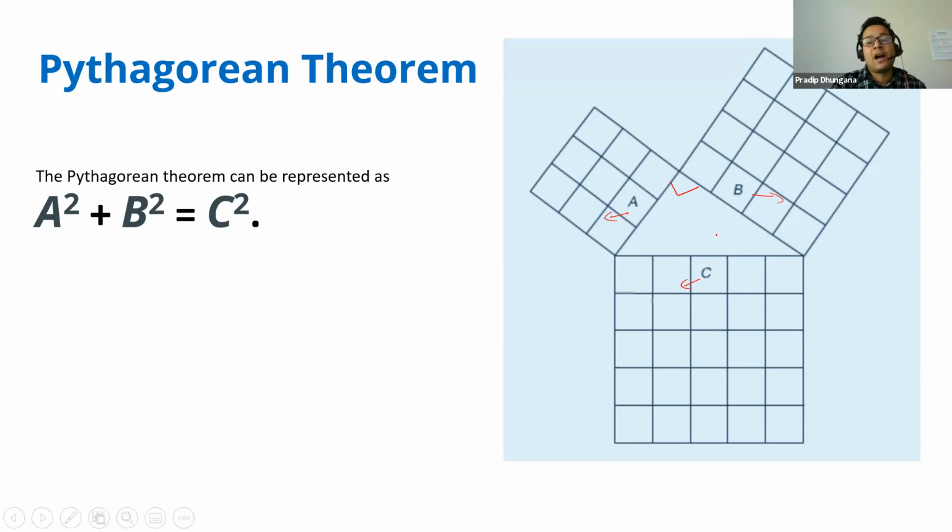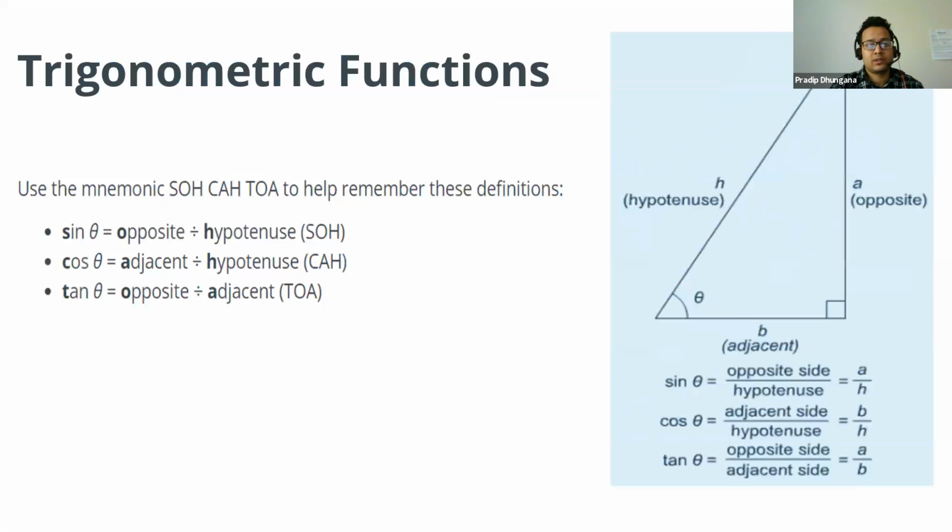In that case, hypotenuse squared is always equal to the sum of squares of the other two sides of a triangle. For this theorem, the triangle always should be a right angle triangle. Okay, this is all about the Pythagorean theorem. Let's go to the next slide.